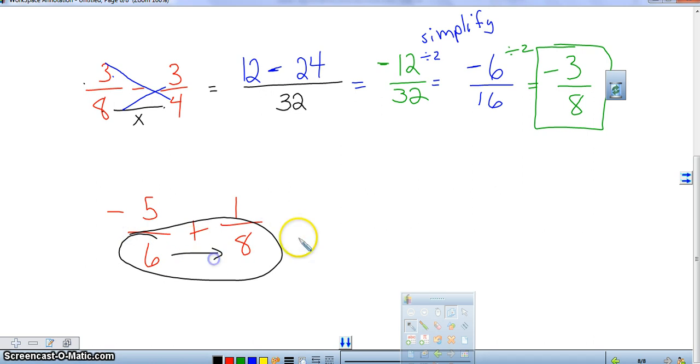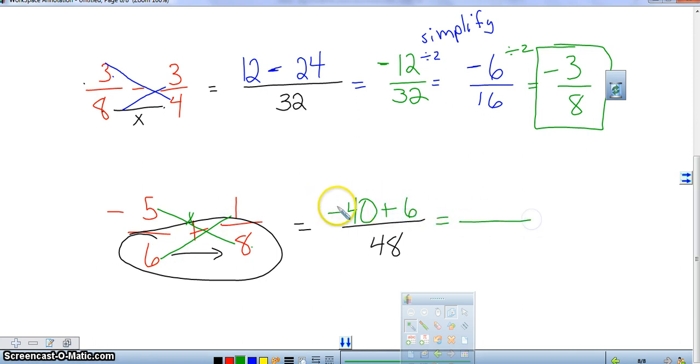I'm going to have to multiply 6 and 8, so that's 48. Now, when I multiply negative 5 times 8, that's negative 40. So that negative sign has to be there because there was one negative. And then here I have 6 times 1, so it's plus 6.